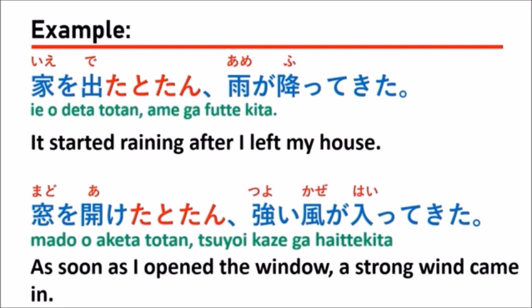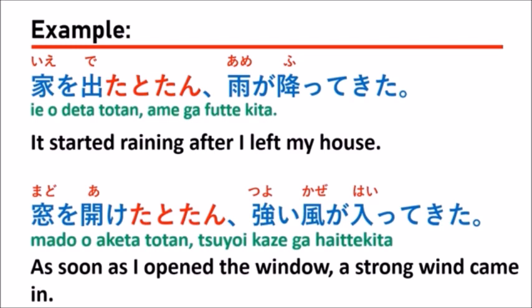For this sentence, they use the grammar Totan with the verb akeru, which means open. When we use the past tense, we change to aketa, and after that we follow with Totan. So we can say Mado o aketa Totan, which means as soon as you open the window, 強い風が入ってきた. This means a strong wind came into your house.